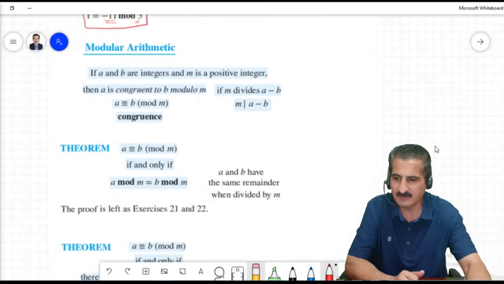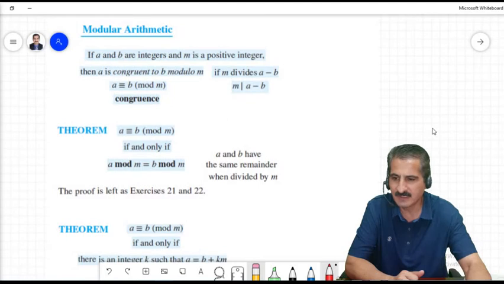Now we will define another version of mod.